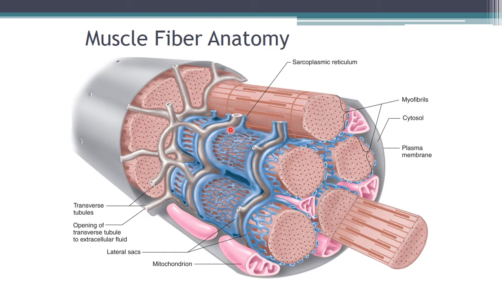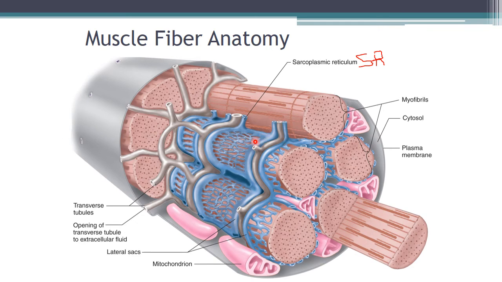Next we have these blue organelles, this blue network of membranes. This is the sarcoplasmic reticulum, or the SR. I am notorious for abbreviating sarcoplasmic reticulum as SR, so you should be familiar with that.